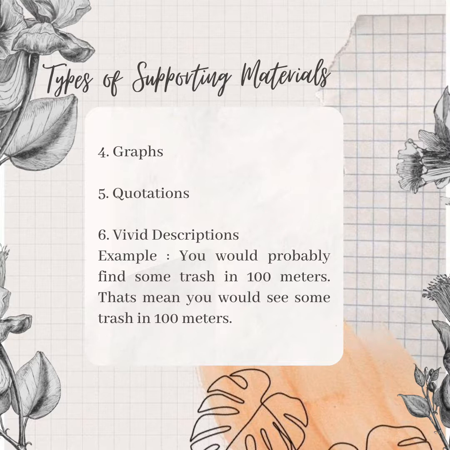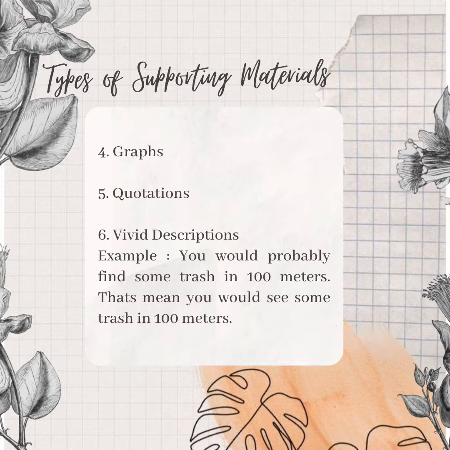So you quote some of those words from the article and put it in your paragraph as evidence. So that's how your paragraph or essay will be strong and not weak, because you put some evidence into your essay or paragraph. So the last material is vivid description.